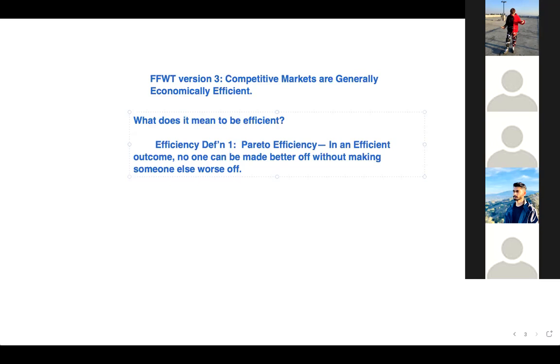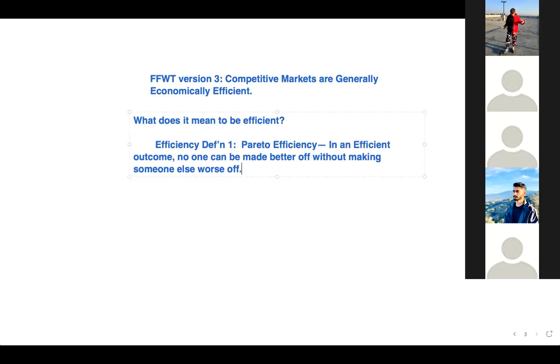It's mine, I want it. If you take it away from me, I'm worse off. And if you give it to somebody else, they're better off. So you can't make a random person that's poverty stricken and has nothing better off without making me worse off. There's no slack in the economy.